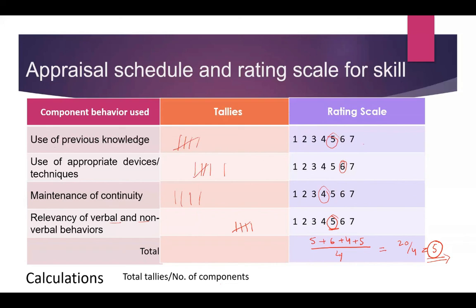So on the basis of these tallies and these calculations, we can say that either he has to reteach the lesson or he has mastered the skill. This is how we observe the lesson plan of a student who is demonstrating. So this is about the set induction.